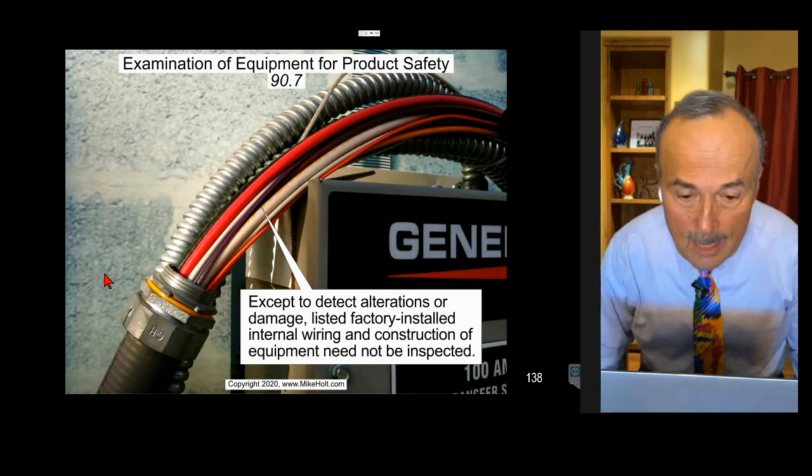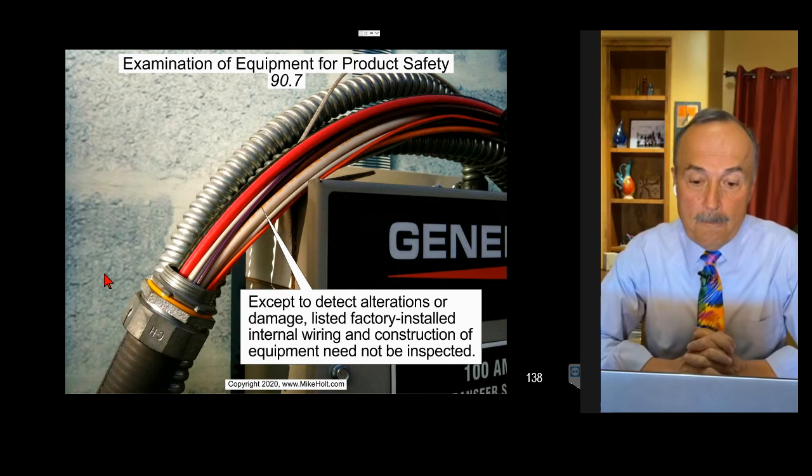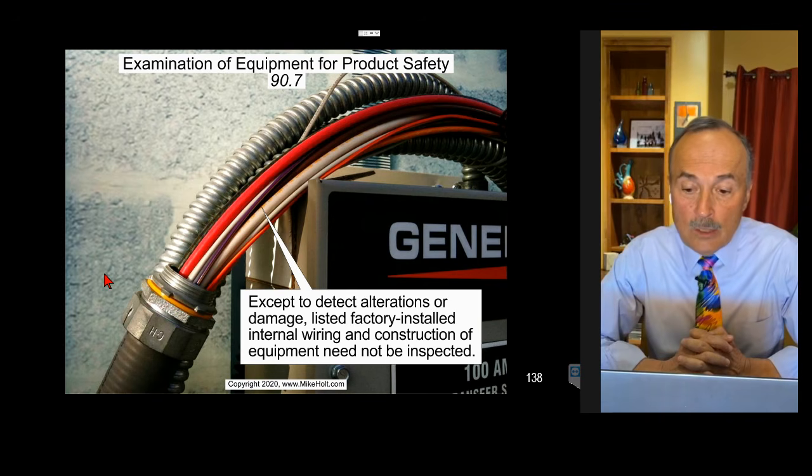90.7, Examination of Equipment for Product Safety. Except to detect alterations or damage, listed factory installed internal wiring and construction of equipment need not be inspected.